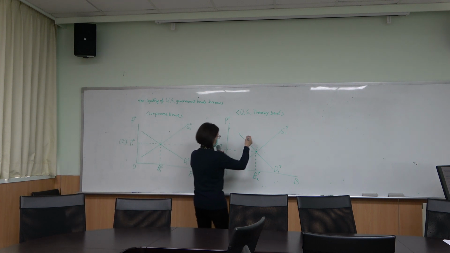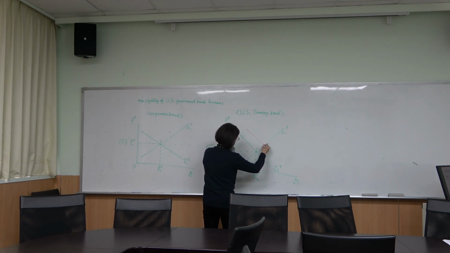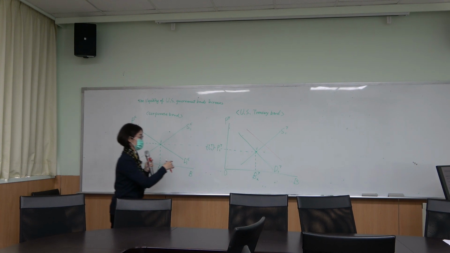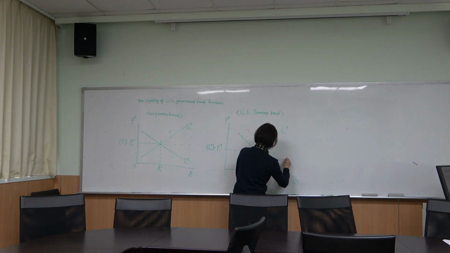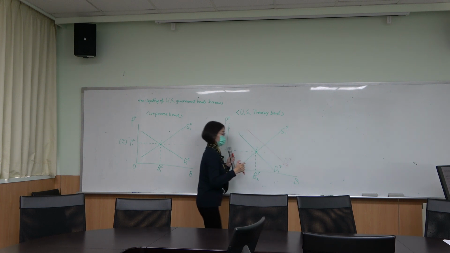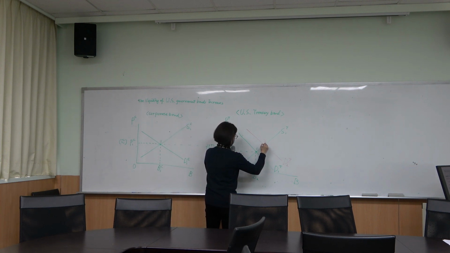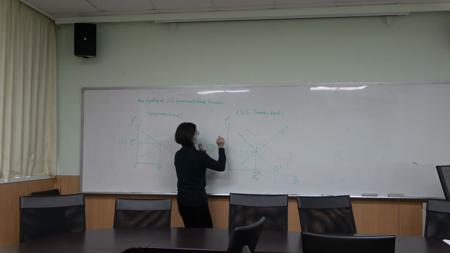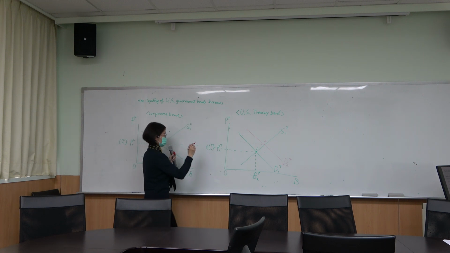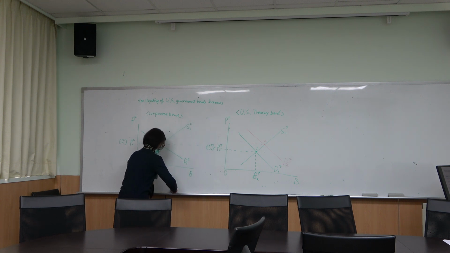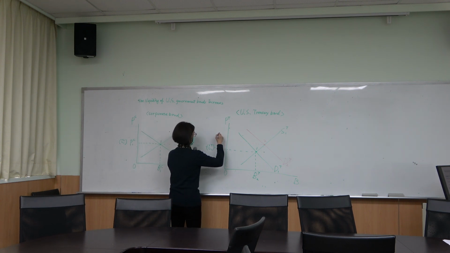Then people's demand for Treasury bonds will increase. That will shift the demand curve for the Treasury bond to the right. Then in the US Treasury bond market, the price of the Treasury bond will increase.